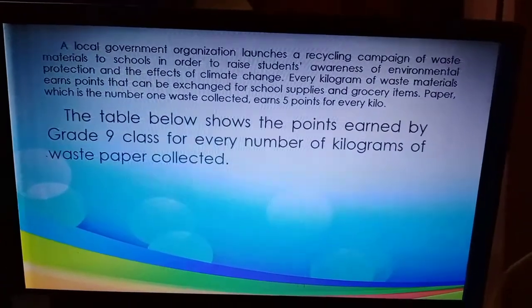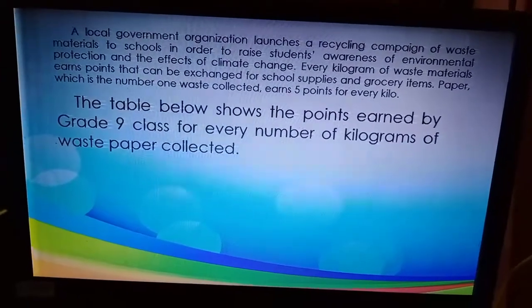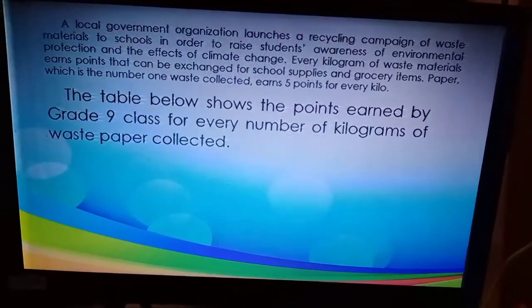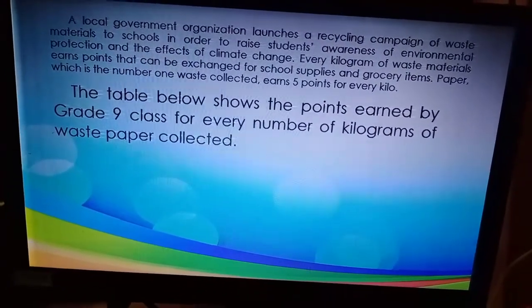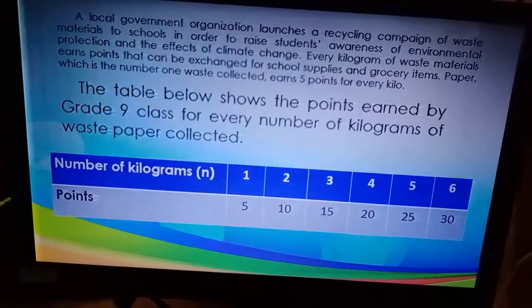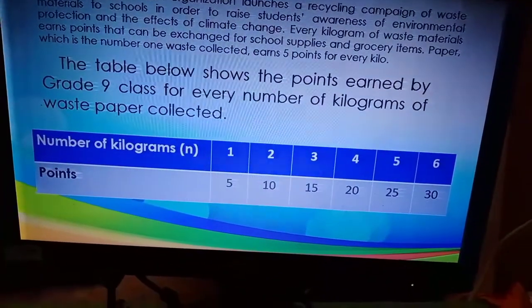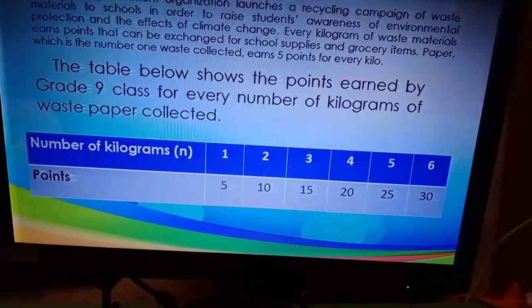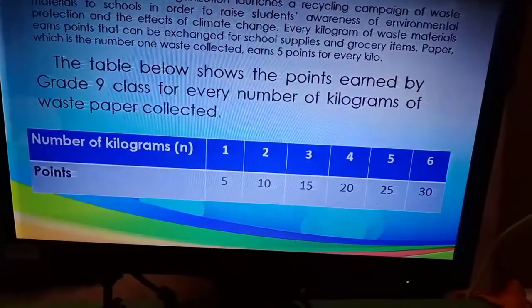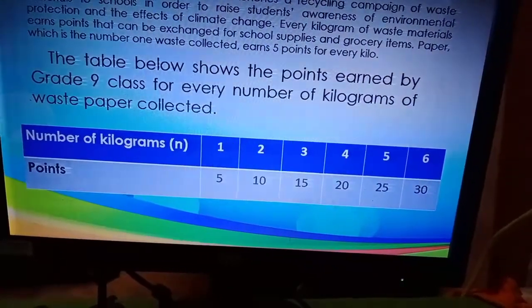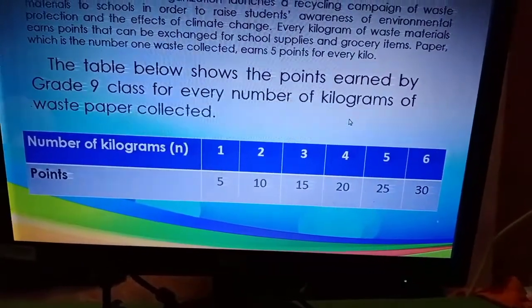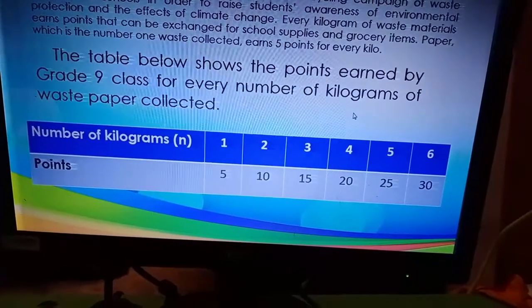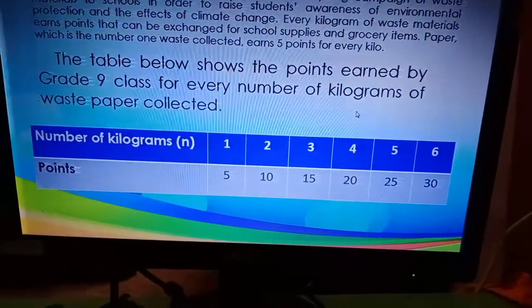With this problem, a table is constructed to show the points earned by the grade 9 class for every number of kilograms of waste paper collected. We have the number of kilograms n with its corresponding points. 1 kilogram corresponds to 5, 2 kilograms gives 10, 3 gives 15, and so on.